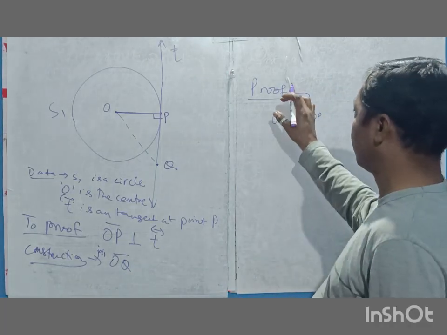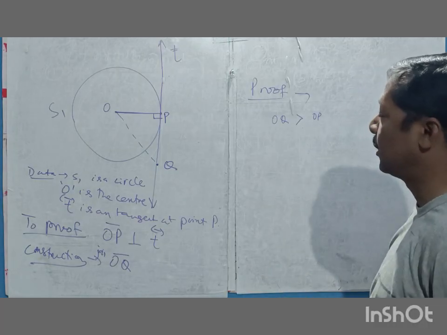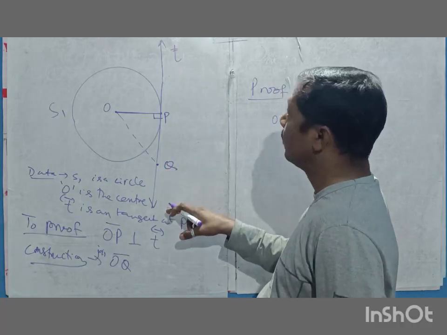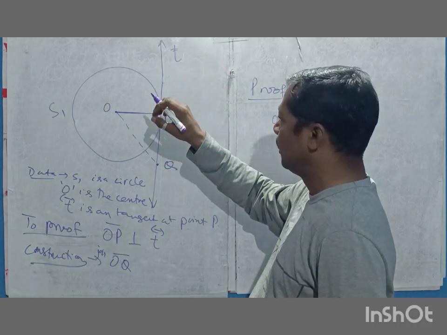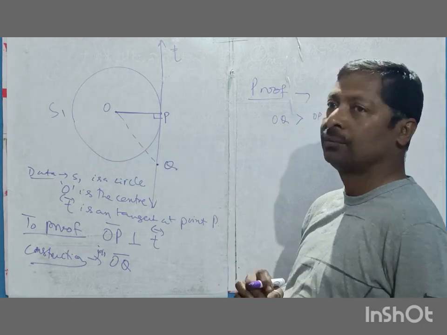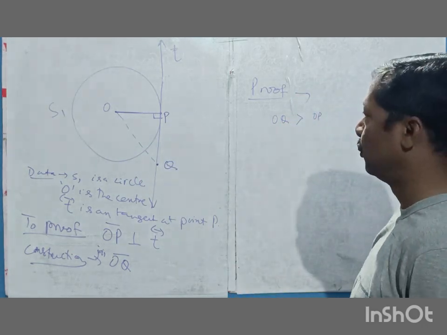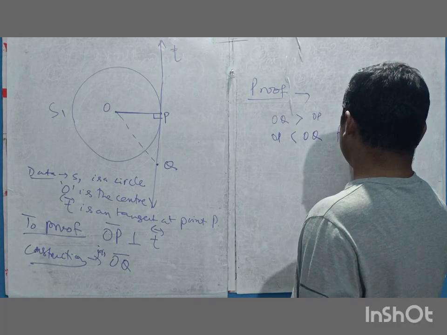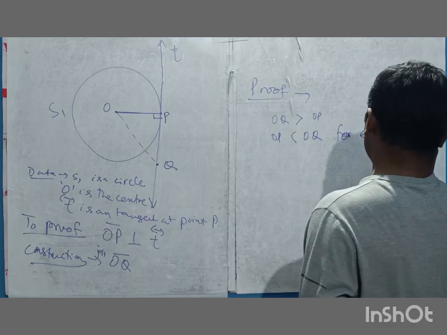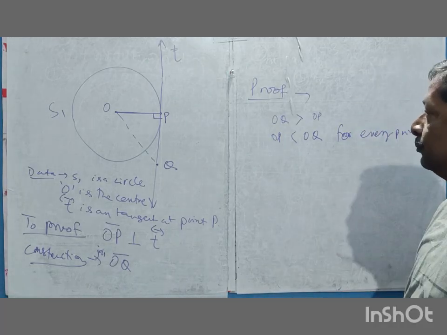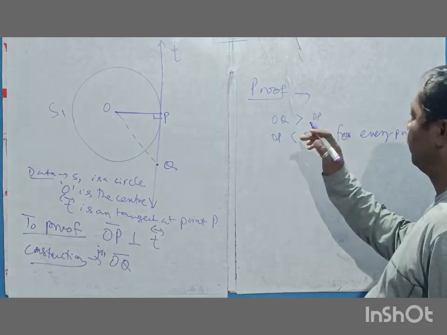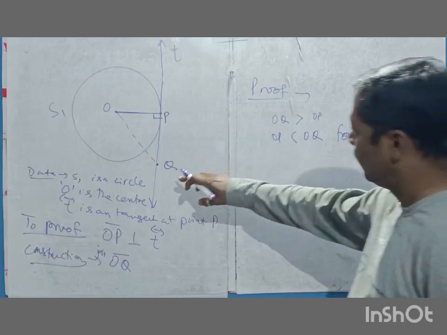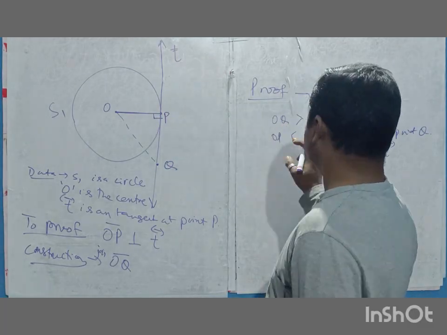You have to write here: except P, any point Q on the tangent T will be an exterior point to the circle S1. So OP will be less than OQ for every point Q in the tangent T.